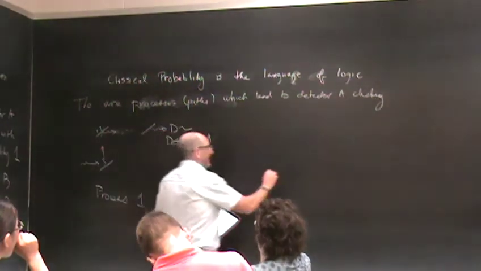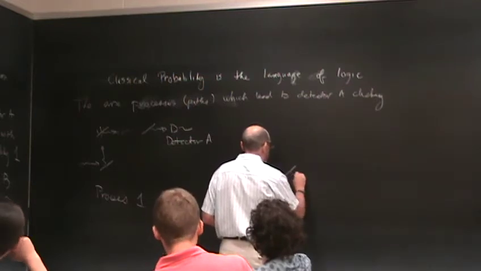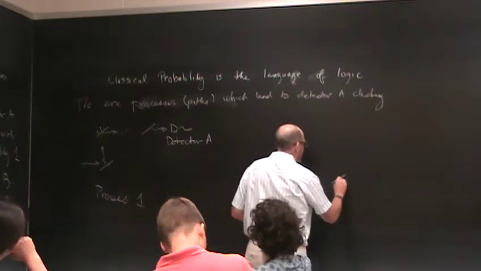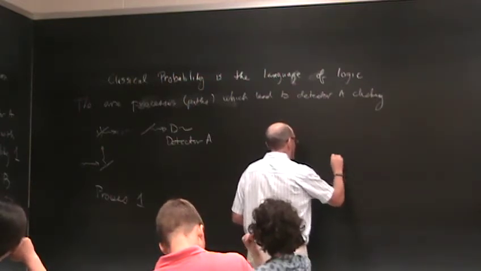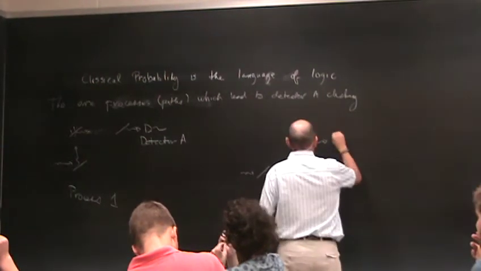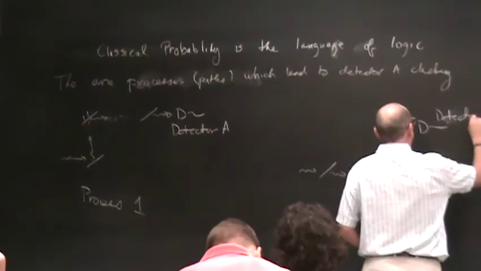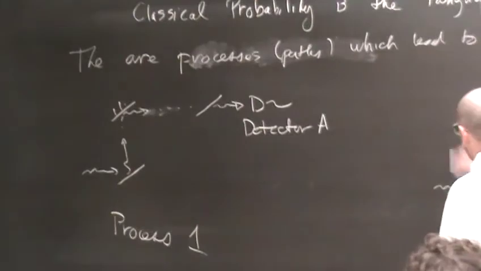Alternatively, it could be the case that the photon was transmitted at the beam splitter, got reflected at this mirror, came up to the second beam splitter, and was reflected. And then it got to the detector. We'll call this process 2.